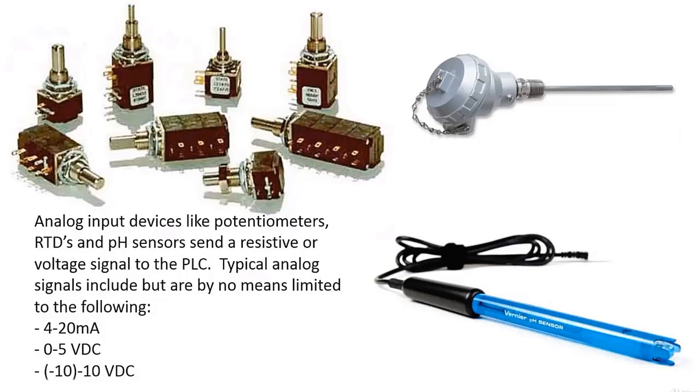Analog signals come in a range expressing various levels of precision. Some of those ranges include 4 to 20 milliamps, 0 to 5 volts, negative 10 to positive 10 volts, 0 to 10 volts. There's all kinds of different analog signals that you can work with.